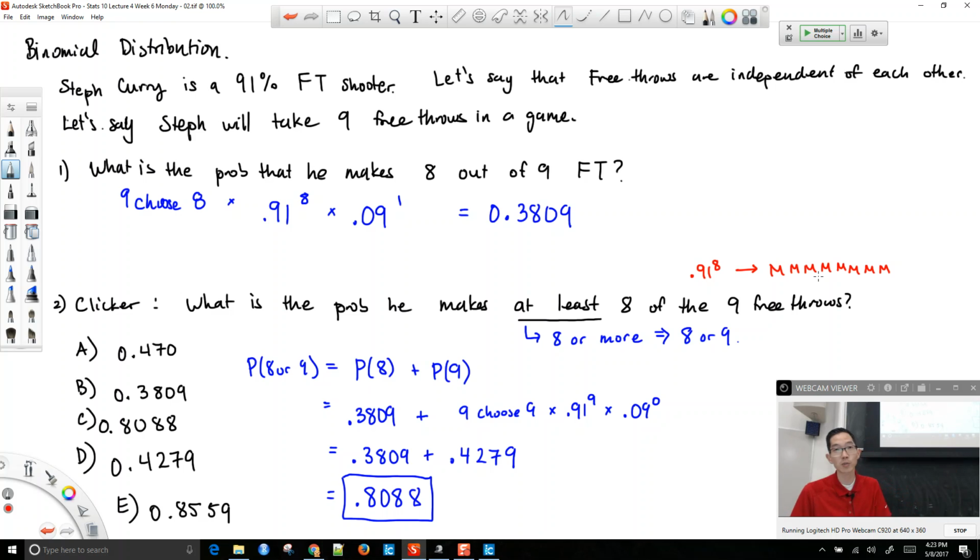This is the probability of making 8 baskets in a row, and it doesn't account for the last basket, whether that's a miss or a make. Okay.